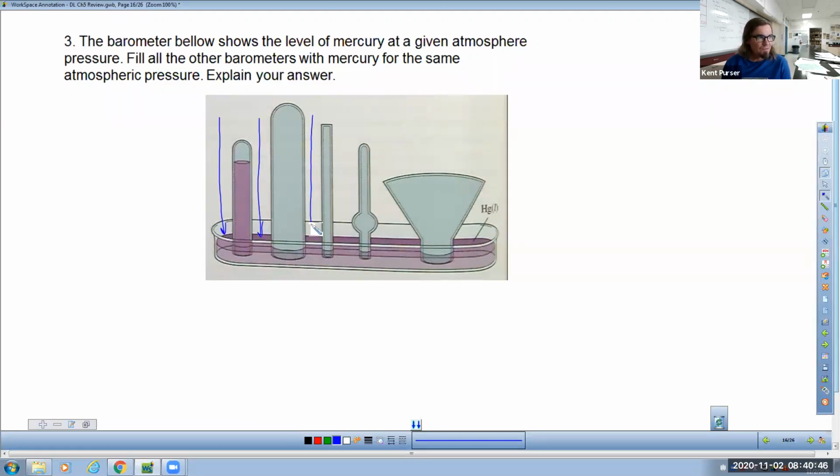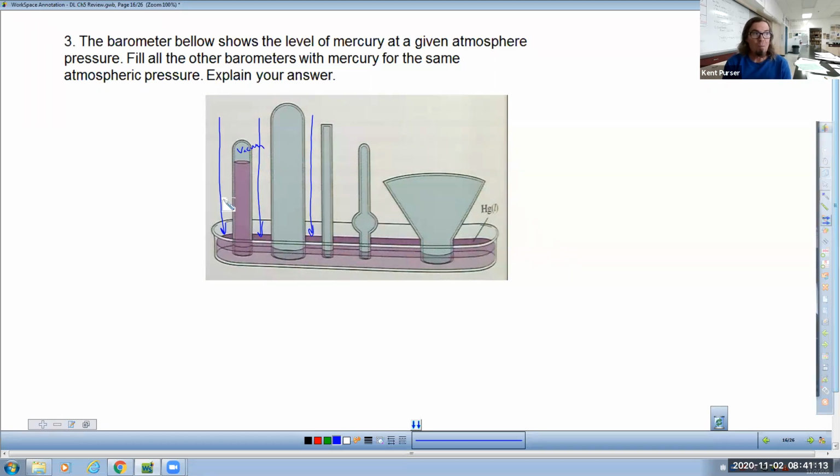Remember that we would start with this tube completely full. Then we would invert it into the liquid trough down here at the bottom. And then the mercury is going to fall to a point where there's a vacuum up here, and the weight of the liquid is exactly the same as the pressure pushing from the atmosphere.